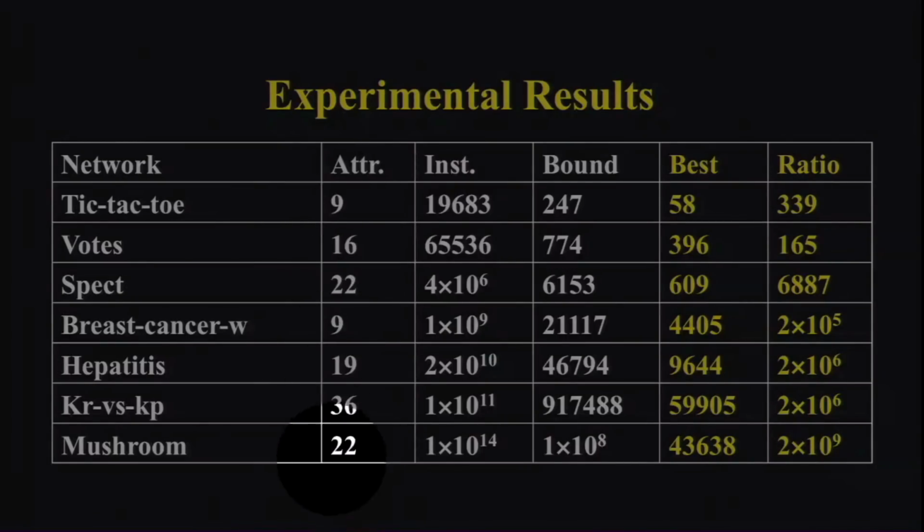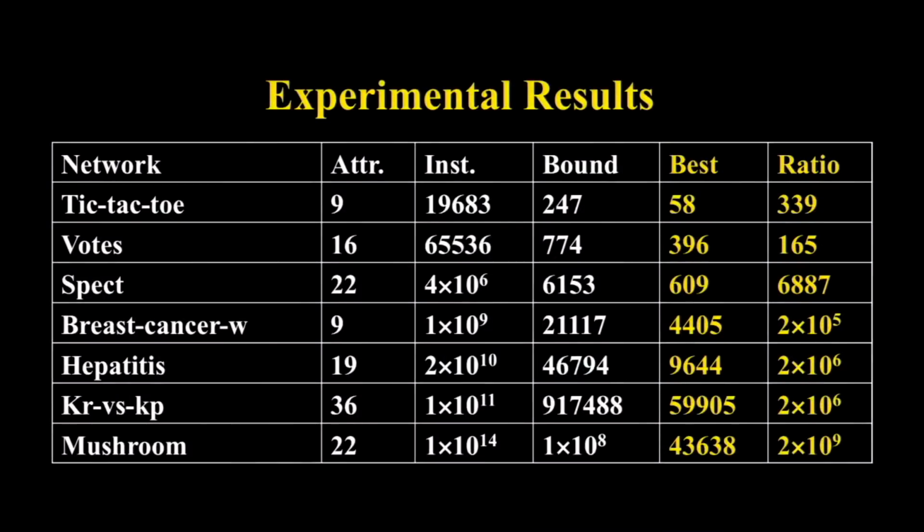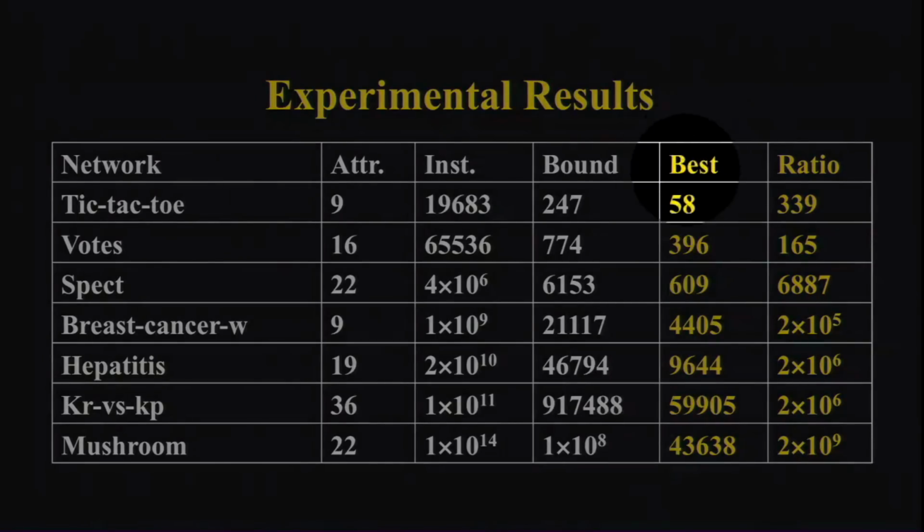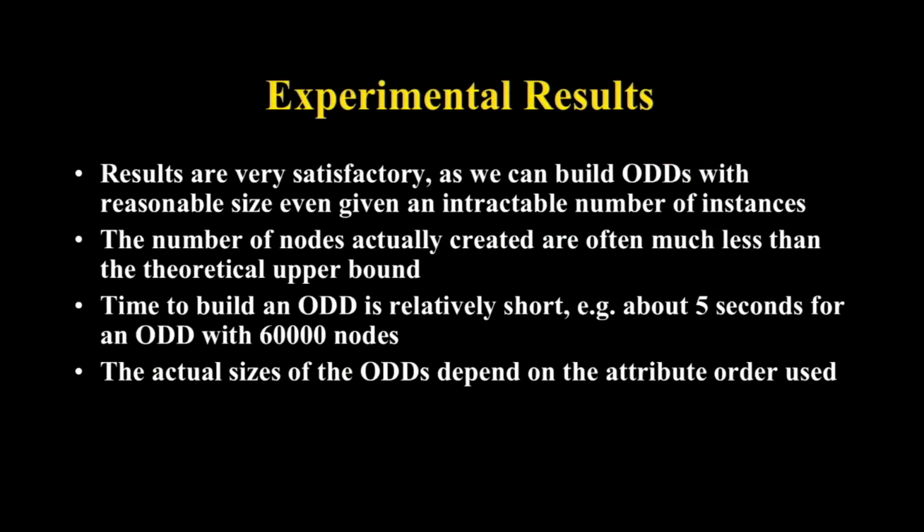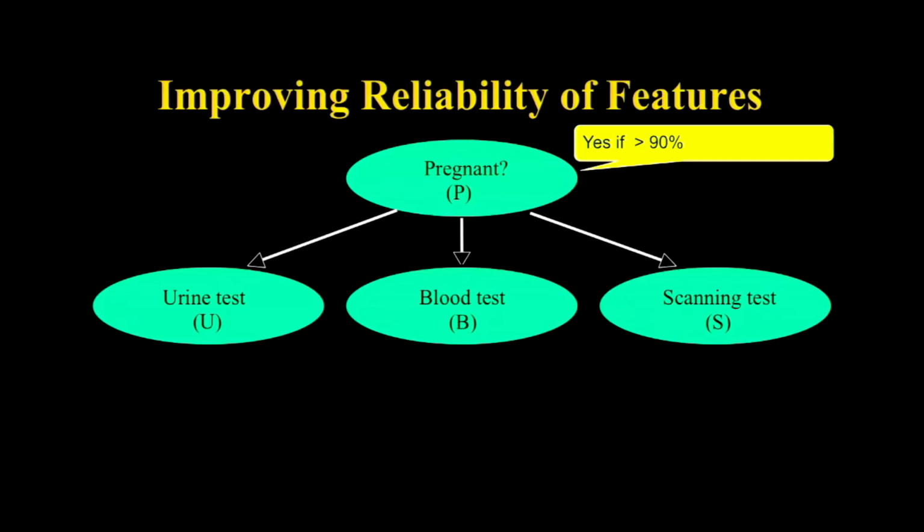You've got to be careful here, right? So this is way larger than it looks. This is the actual number of instances. So even though this has 22 features, that's the number of instances. The bound says this is the actual size of the OBDD, and you can see the difference. Most operations on OBDDs are linear or quadratic, so this is actually very practical. Let me now show you a couple of things you can do.